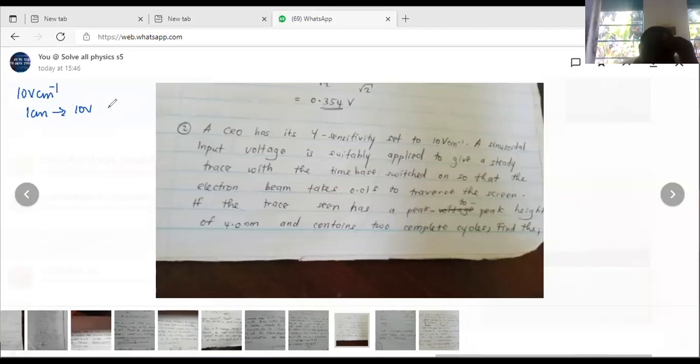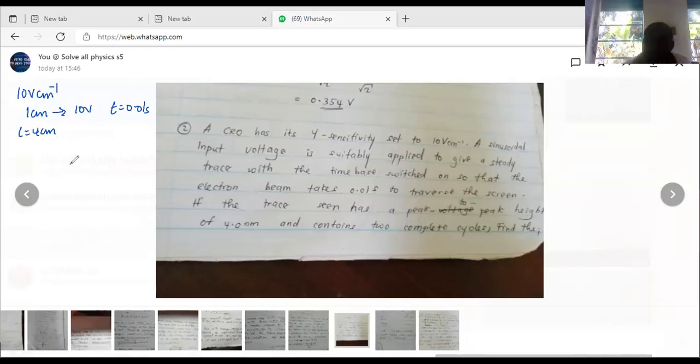A sinusoidal input voltage is suitably applied to give a steady trace with the time base switched on so that the electron beam takes 0.01 seconds to traverse the screen. If the trace seen has a peak-to-peak height of 4 centimeters, so the length is 4 centimeters, we need to find out the voltage that corresponds to 4 centimeters and contains 2 complete cycles.